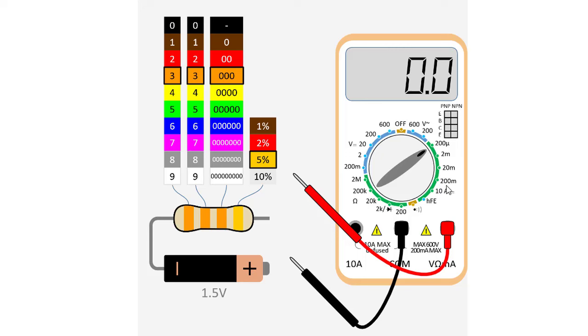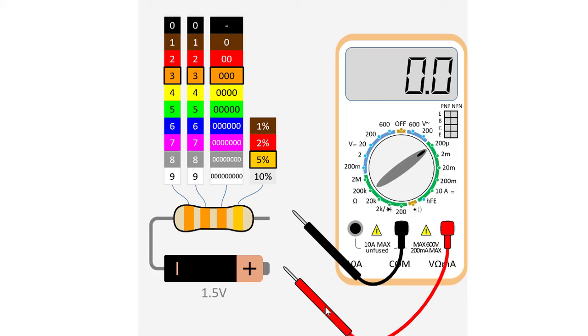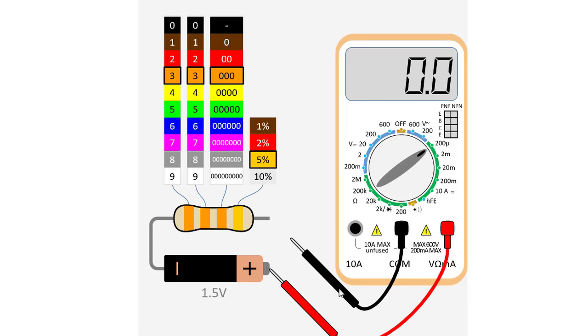When we measure the current, that instrument is called an ammeter, and when we measure the voltage, that instrument is called a voltmeter. Voltmeter, we have to connect in parallel, and for ammeter, we have to connect it in series. So let's connect this in series. So this is the positive terminal. Let's connect it here, and this is the negative terminal or negative probe.